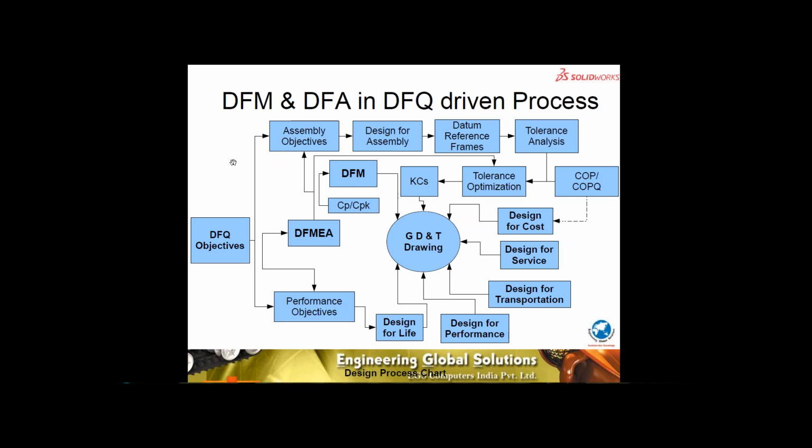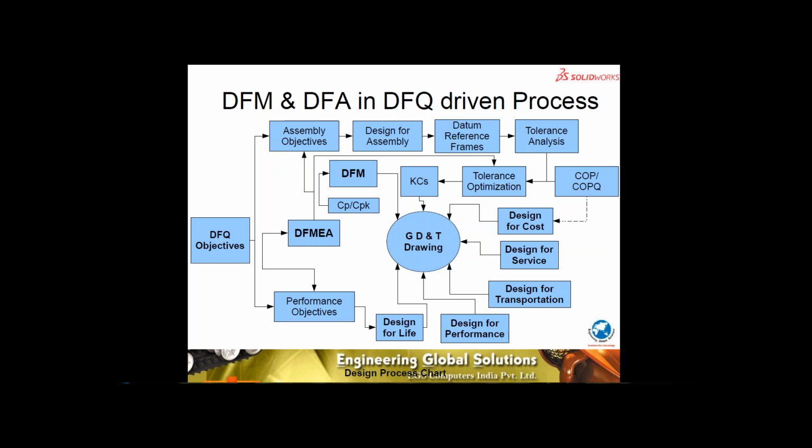The assembly objectives lead to design for assembly, followed by the datum reference frames that are used for the definition of the part, and then you perform the tolerance analysis for all the parts put together to look at their variance.